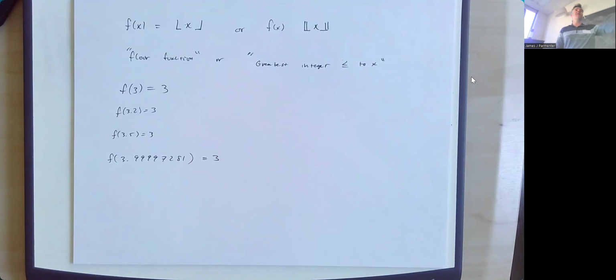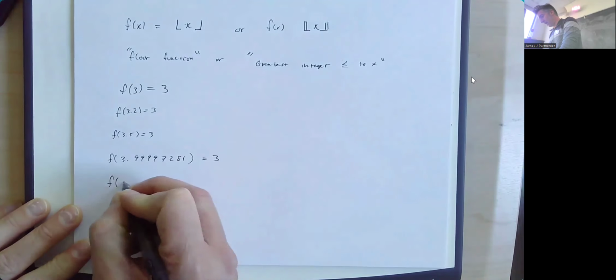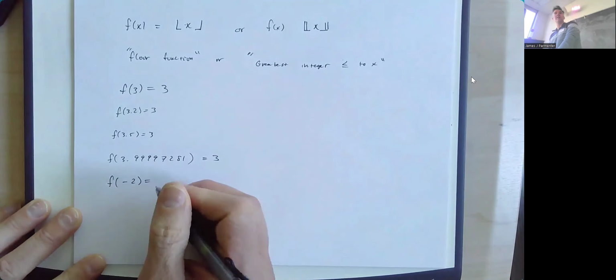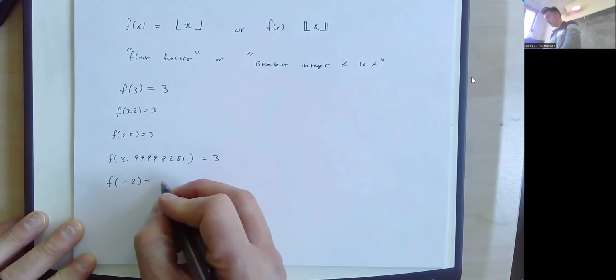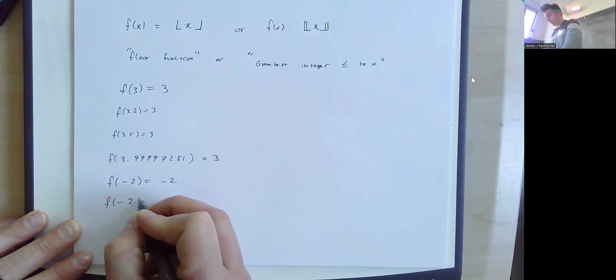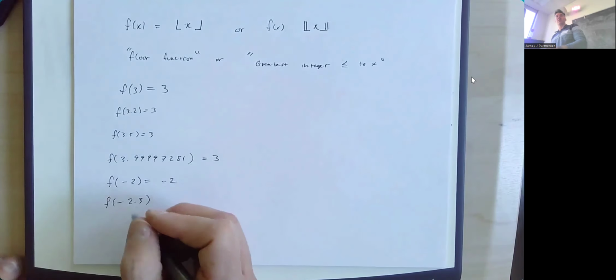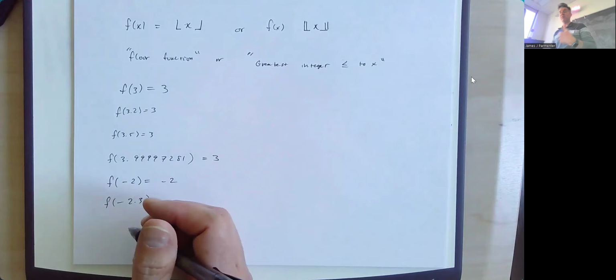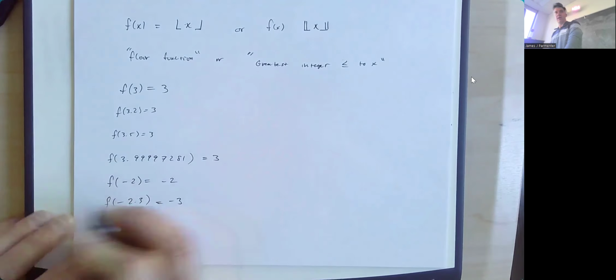For positive numbers, it feels like you're just cutting off the decimal. It's not true for negative numbers. For negative numbers, if I plug in, say, -2, the biggest integer less than or equal to an integer is that integer. But if I did say f of, say, -2.3, the biggest integer less than or equal to -2.3 is -3.